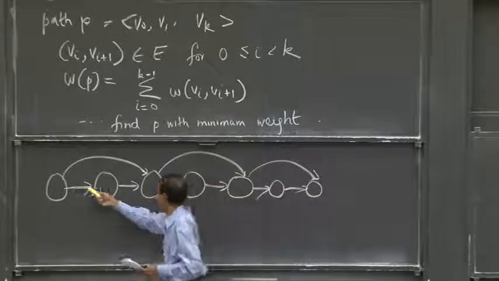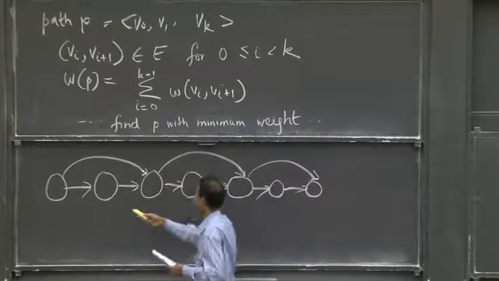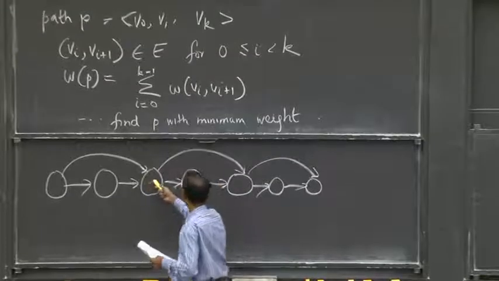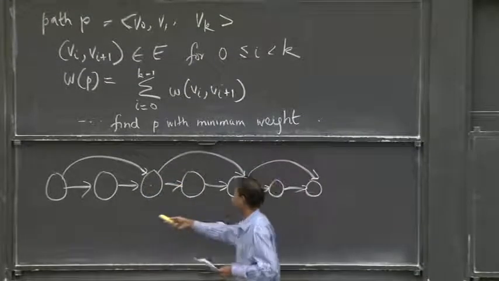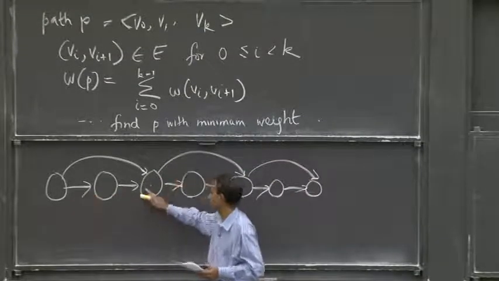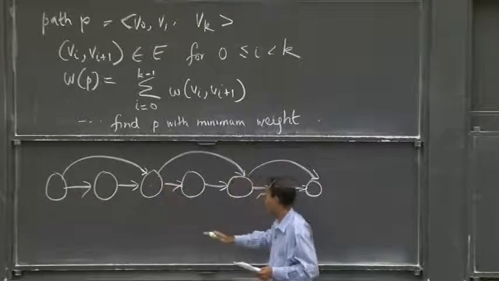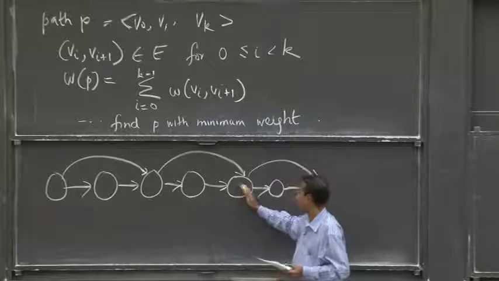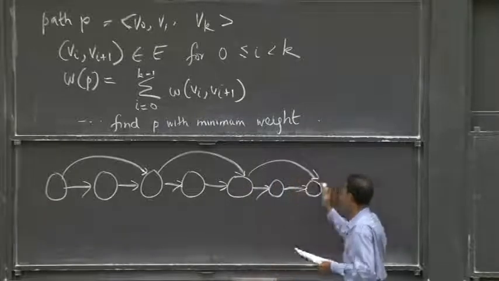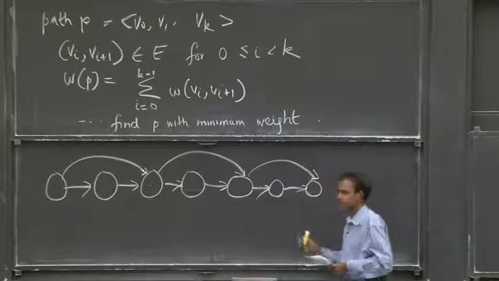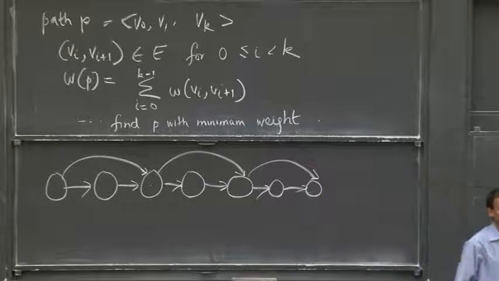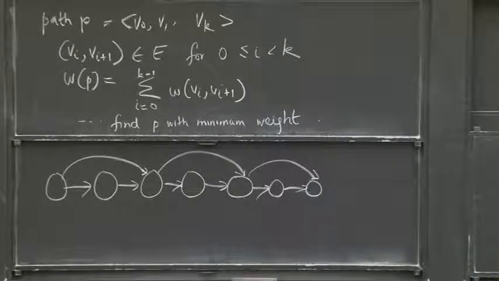Well, you could have the path that goes all the way here, but you could have the path that goes on top and all the way this way. You have basically two choices on getting to this vertex. Then given the two ways of getting to this vertex, you have 4 ways of getting here, and then you have 8 ways of getting there, and so on and so forth. So there's potentially an exponential number of paths.